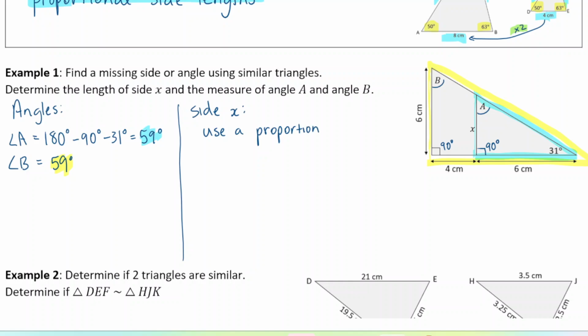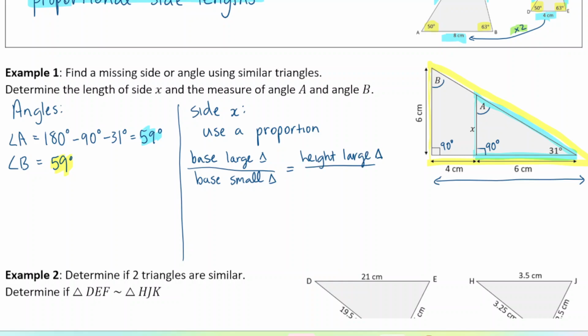So what we know is that the base, this length of the large triangle divided by the base of the small triangle is going to have the same scale factor as if I look at the heights. Height of the large triangle and then the height of the small triangle.